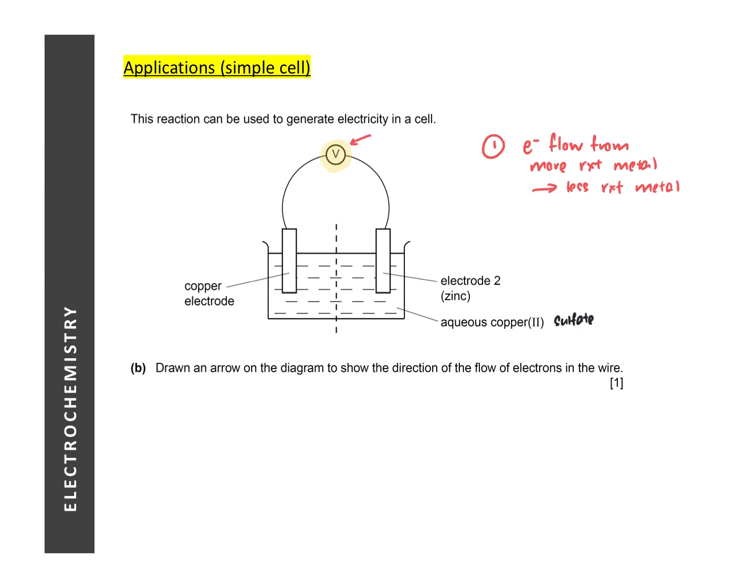There's a voltmeter, and then we have two different electrodes, zinc and copper. In the metal reactivity series, zinc is above copper, so it is more reactive. And we have just revised that in a simple cell, the electrons flow from the more reactive to the less reactive electrode.